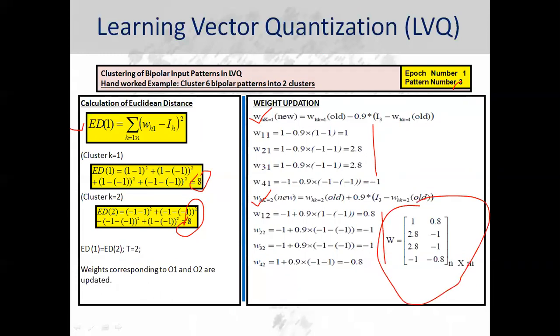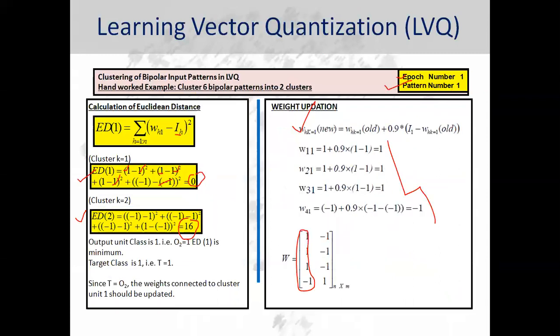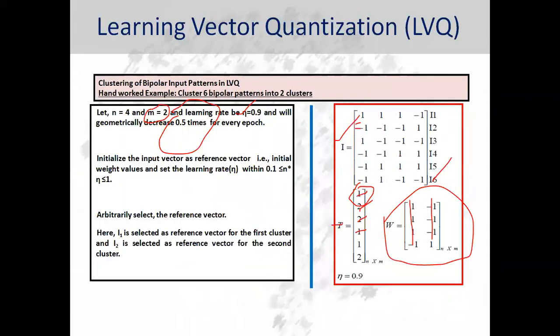This weight matrix will go for the next pattern, that is pattern number 4. Pattern number 4 is applied with the help of those changed weights, and again the Euclidean distance was found, which comes out to be 25.68 for cluster number 1 and 10.48 for cluster number 2. Clearly cluster number 2 is the winner, but the target for the fourth pattern was class number 1.